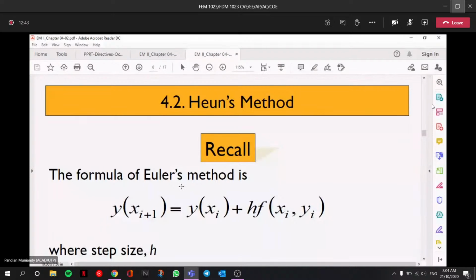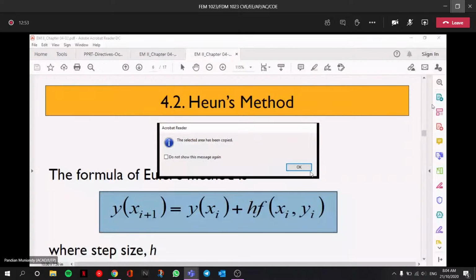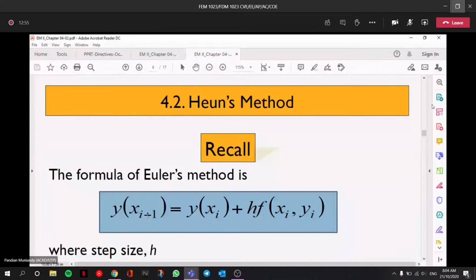The formula for Euler's method, we have to recall, is given in this form. Normally the subscript is not written in the solution, but we have to know that this is y of x_{i+1} equals y of x_i plus h f(x_i, y_i).